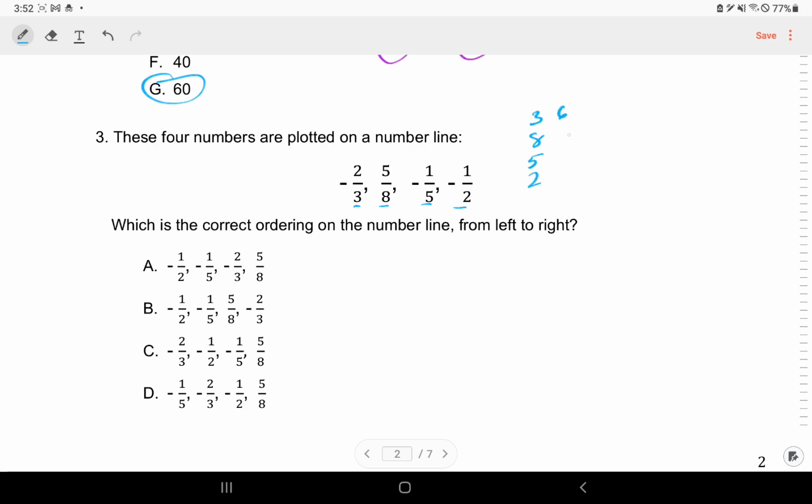Well, 6, 16, 10, 4, 12, 9, 12, 15, 18, 21, 24.